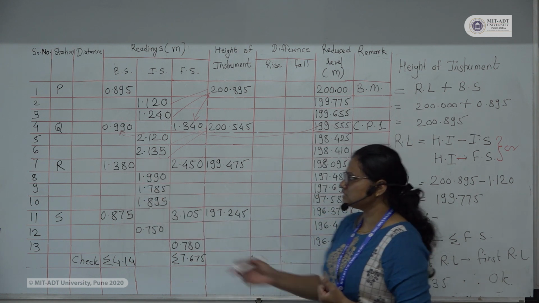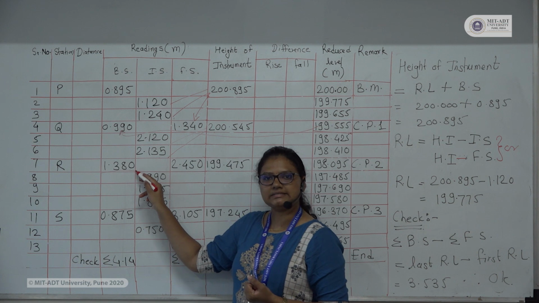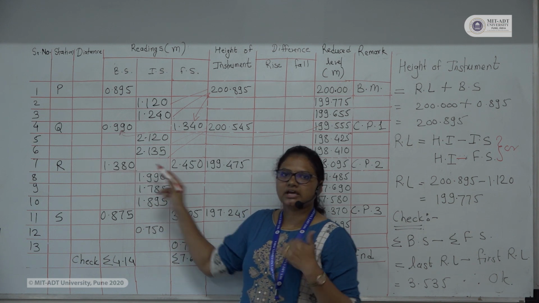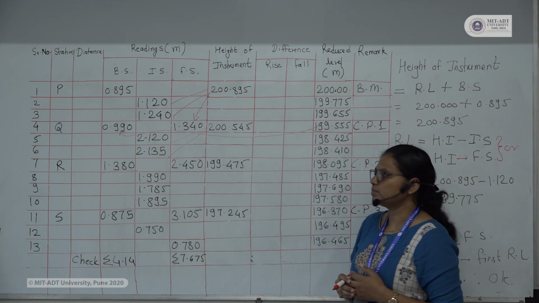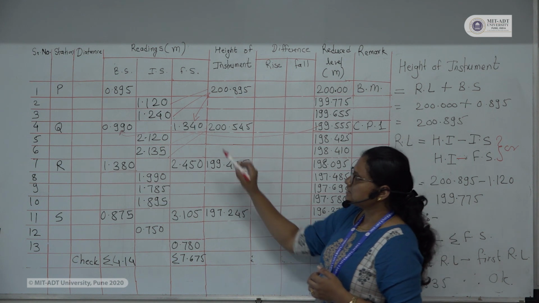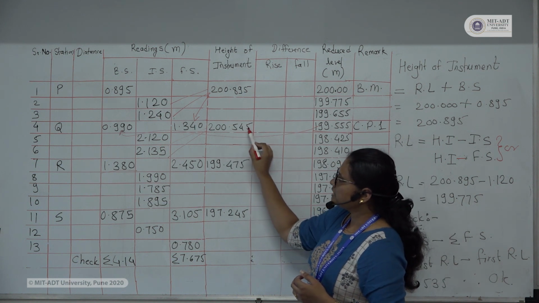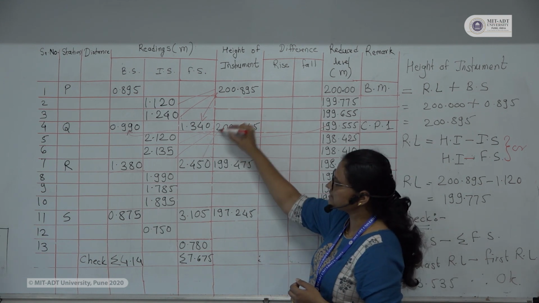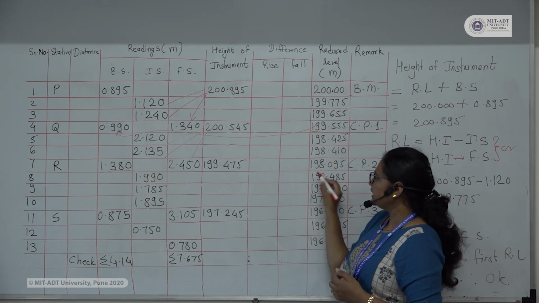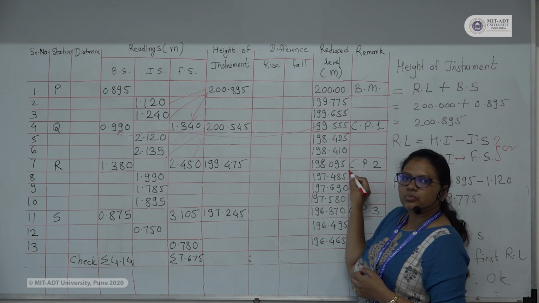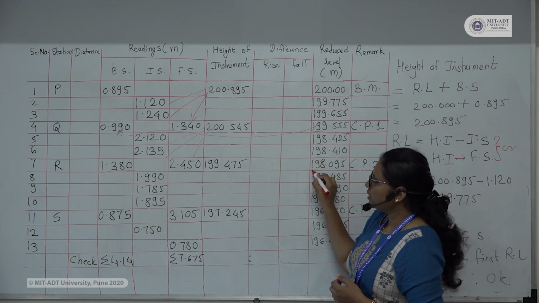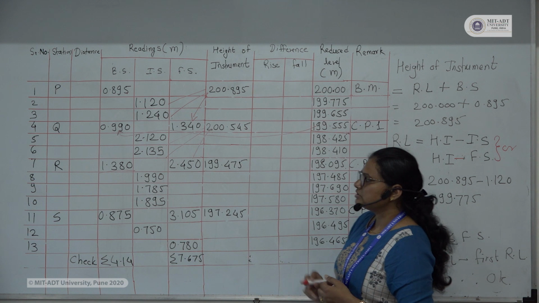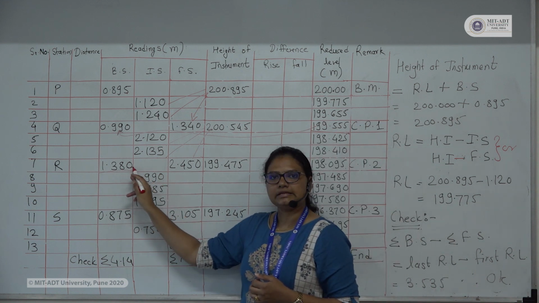Again our reading has come in this column, that is backside. So for this stage, again we have to change our height of instrument. So similarly, first step will be subtract 200.545 and this 2.450. Then by subtracting these two values, you will get the reduced level 198.095. Again you have to add this 198.095 and this 1.380.